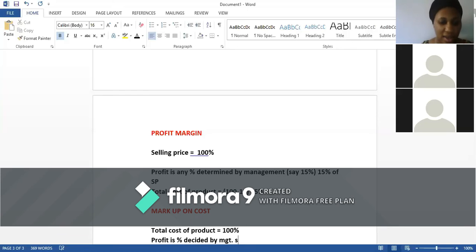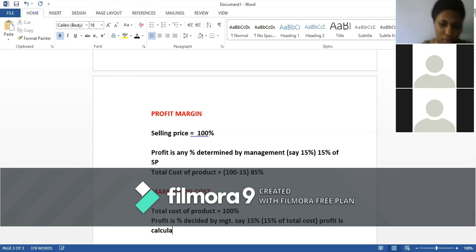So in this case, say another 15%. Right? So with markup, the calculation is done as a percentage of total cost.